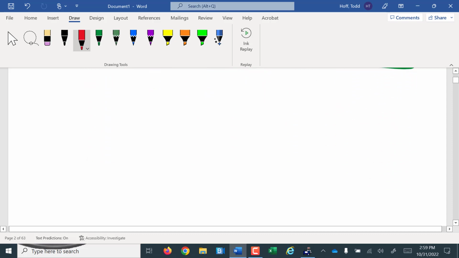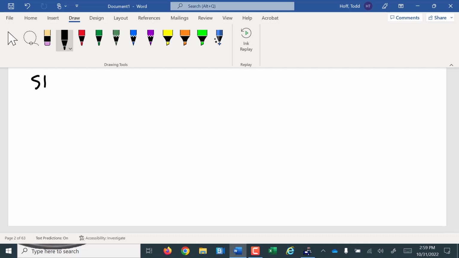Okay. So today we're moving on to the next step. We want to find studs. And we're just going to focus on exterior walls.